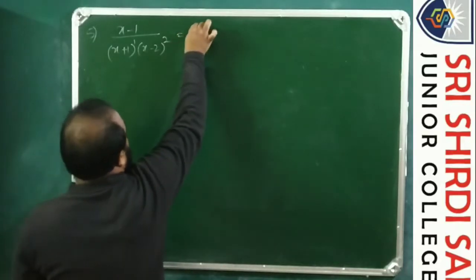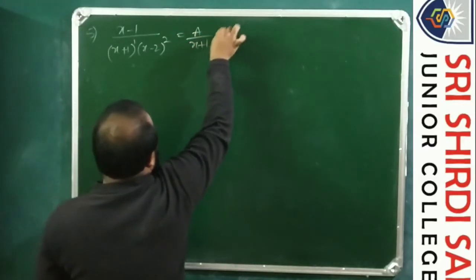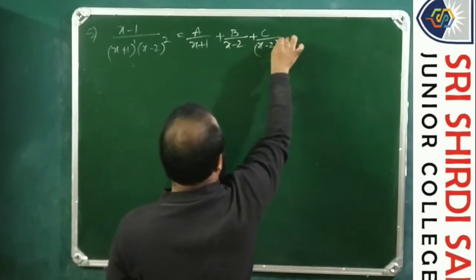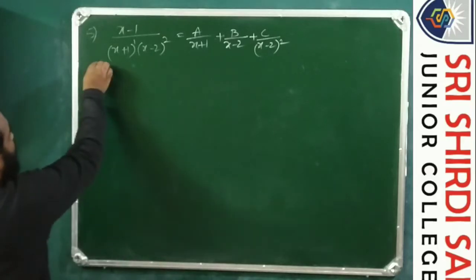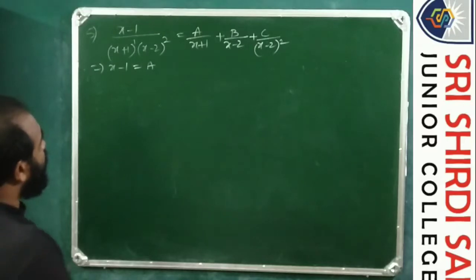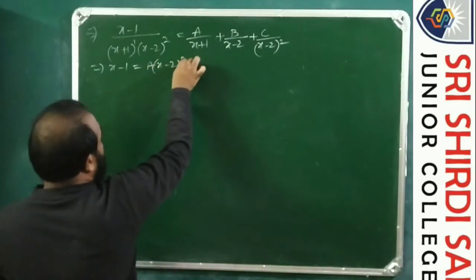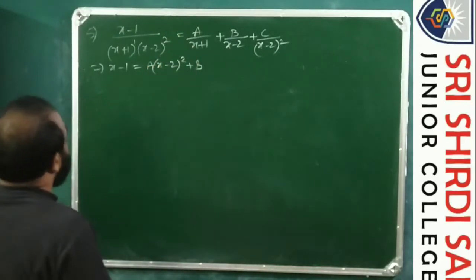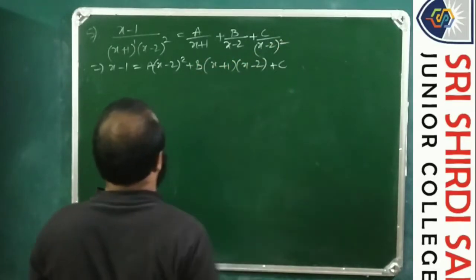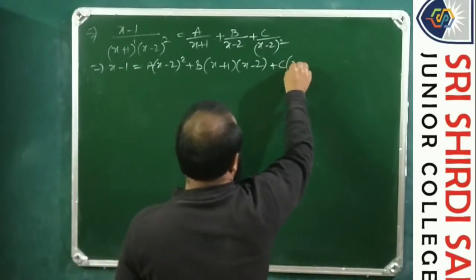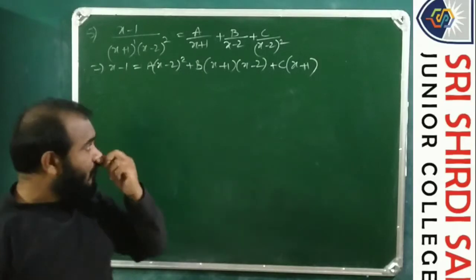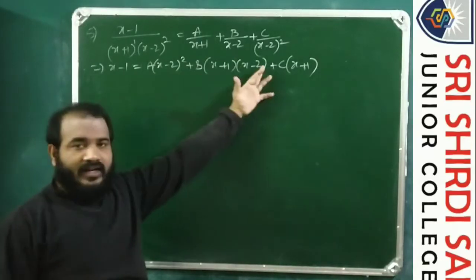So a by x plus 1 plus b by x minus 2 plus c by x minus 2 whole square. So x minus 1 is equal to a into x minus 2 whole square plus b into x plus 1 into x minus 2 plus c into x plus 1, divided by, these two get cancelled, so we can write directly.